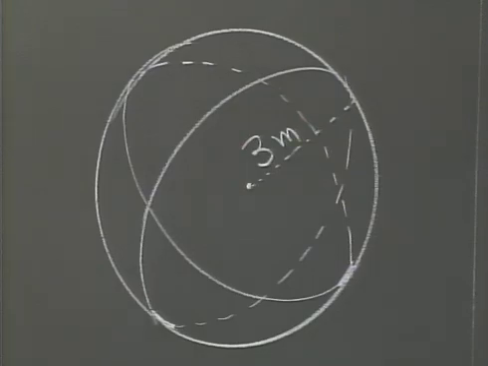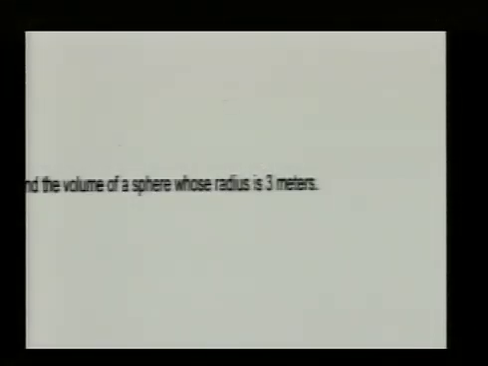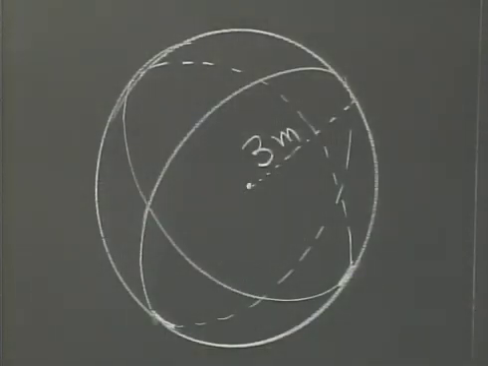Now remember, as we come back to the document cam, you're to find the volume of that sphere with a radius of 3 meters. So let's go back to the diagram. Write your formula without looking at references. Just give me the formula for volume of a sphere. So I want the volume of a sphere for a formula.